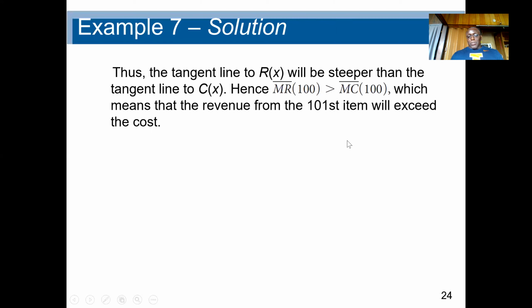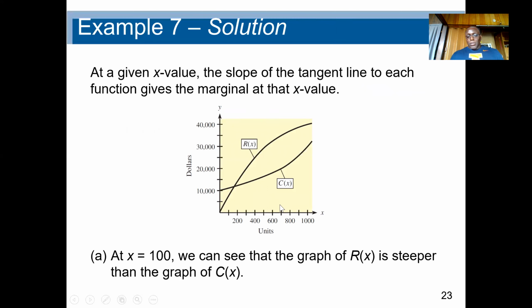We can see from this function. So for example, if I produce, let's say, 600 items, what happens? This is my cost. This is my revenue. So my revenue goes up. But if I produce only 100 items, what happens? My revenue is less than my cost. So producing 100 items, I'm going to lose money.